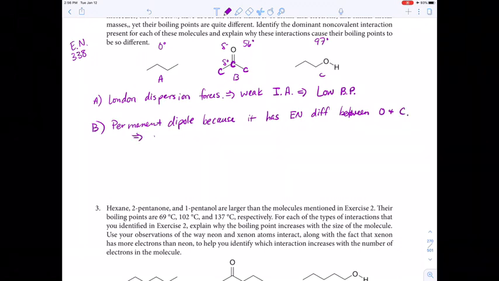So that means it has stronger intermolecular attractions. A permanent dipole is stronger than London dispersion forces. So that means not a stronger boiling point, a higher boiling point.